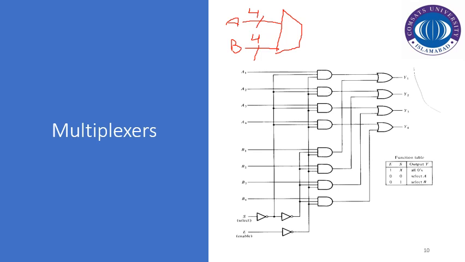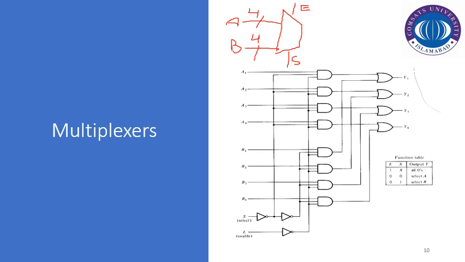We require a single select line that has been labeled as S, and we've got one additional line that is the enable line, in order to enable or disable the operation. That enable is basically the active low enable.